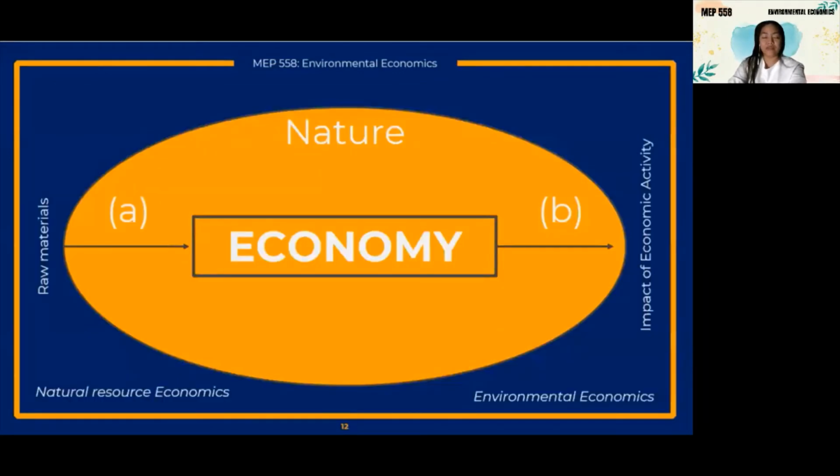So going back to the schematic relationship of economy and environment, let us consider now the flow of materials in greater detail. Remember that our A here is the raw materials, the input, and then the output is the impact of the economic activity.